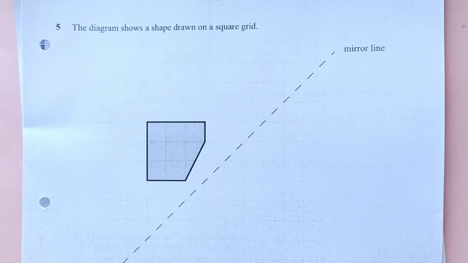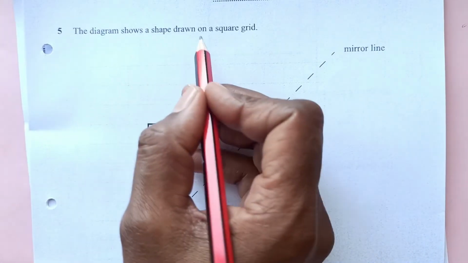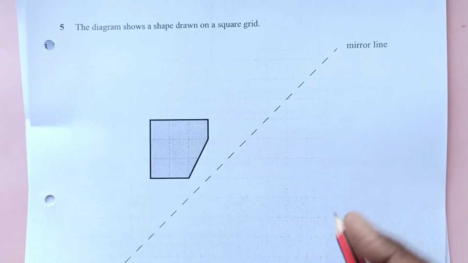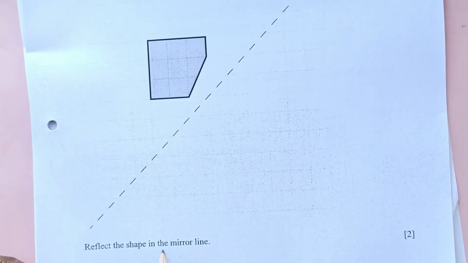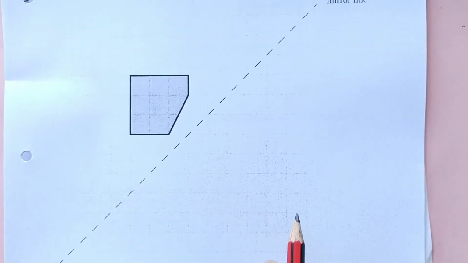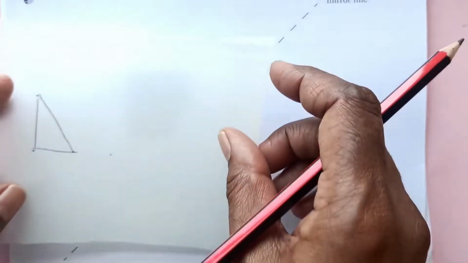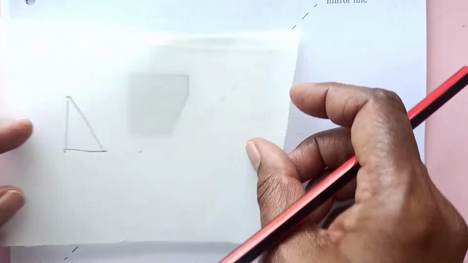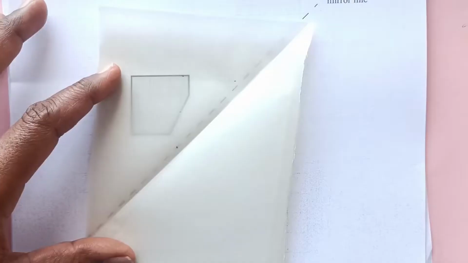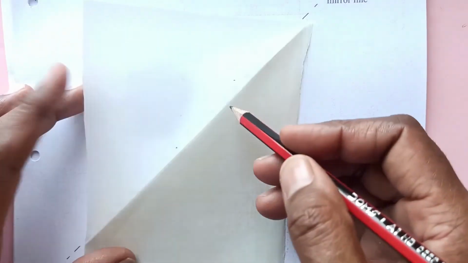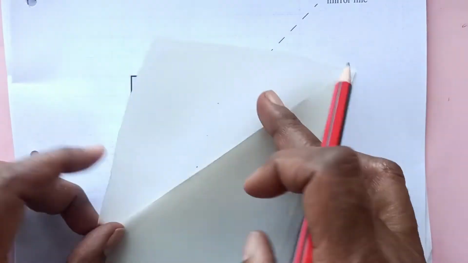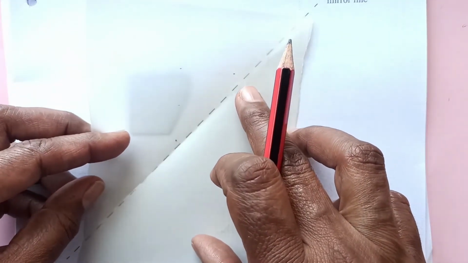Here we have another question of a similar type. The diagram shows a shape drawn on a square grid. This is a mirror line. Reflect this shape in the mirror line. So again we are going to use tracing paper for that. So this is the mirror line here. It's better if you fold this before. You see I have folded this in the middle here. So place this on the mirror line. Now we draw the shape.